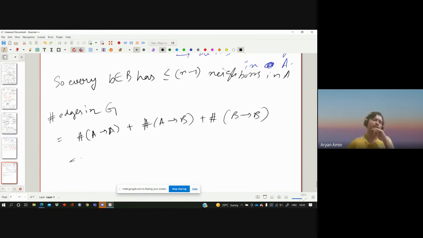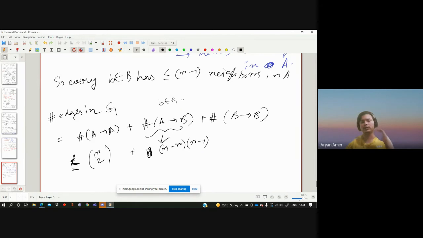A to A is just r choose 2, because that's a complete graph. The A to B term is at most (n minus r) times (r minus 1), because every b belonging to B has at most r minus 1 neighbors in A, and there are n minus r vertices in B. So this term makes sense. And then the number of edges from B to B: you can view B as a graph on n minus r vertices which has no r plus 1 clique, so by the induction hypothesis that would be e of t(n minus r, r).